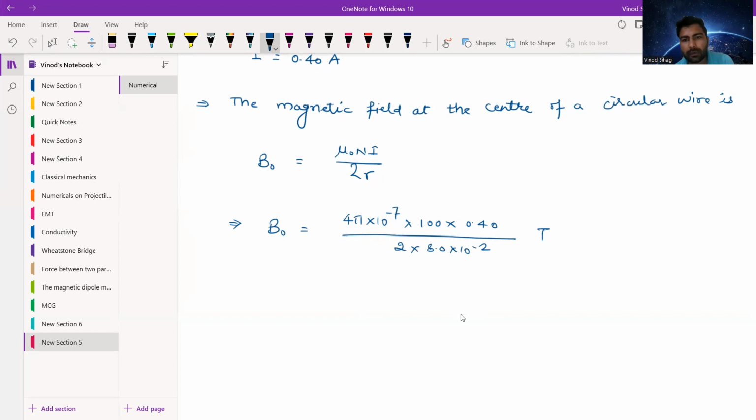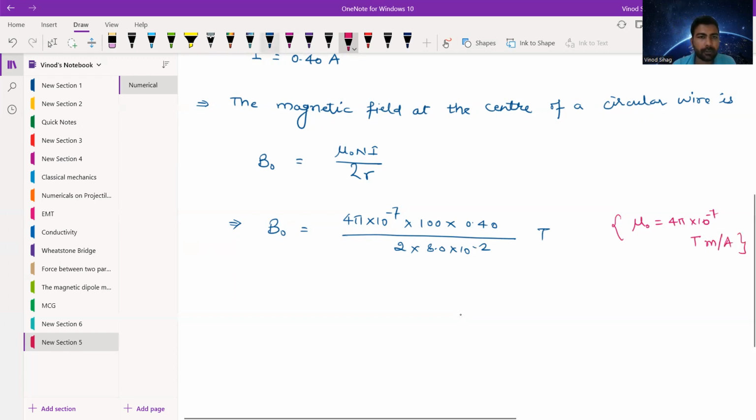And the unit of magnetic field is Tesla. And the unit of mu naught, 4 pi into 10 to the power minus 7, is Tesla meter per ampere.